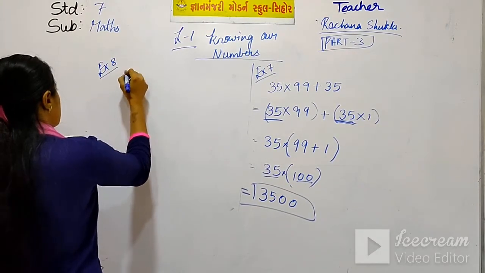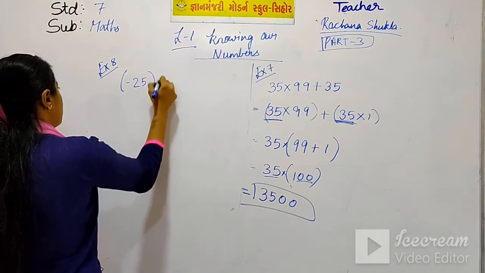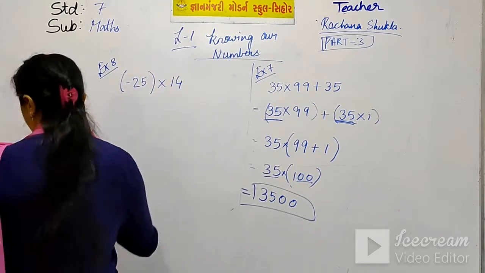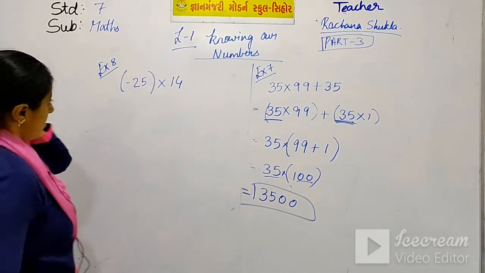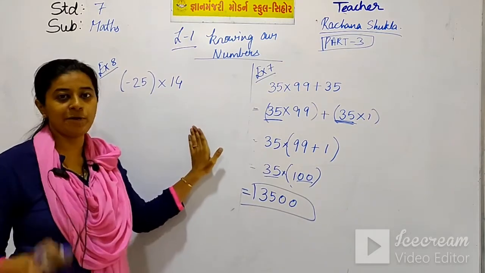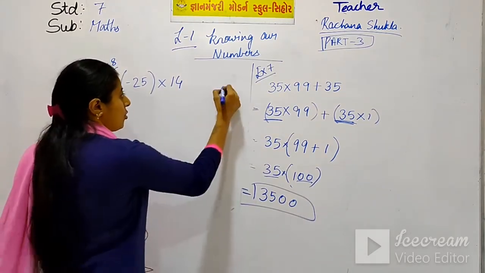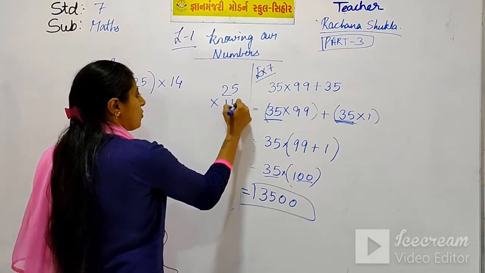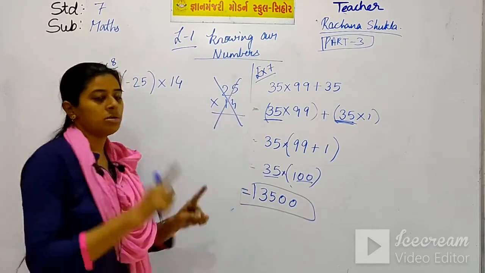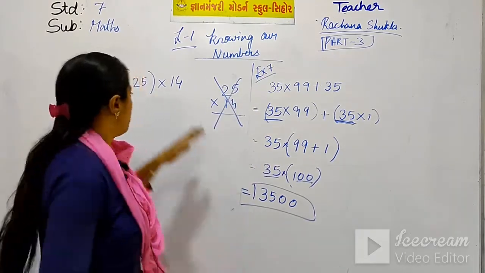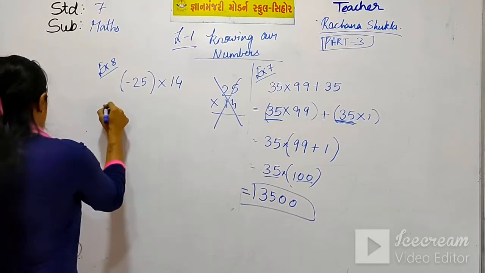Example 8 is minus 25 into 14. Now, minus 25 into 14 means you don't have to do like this way. No, this is wrong. How to solve this? See, look here.